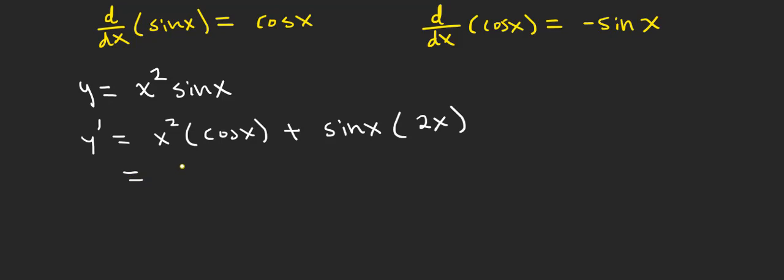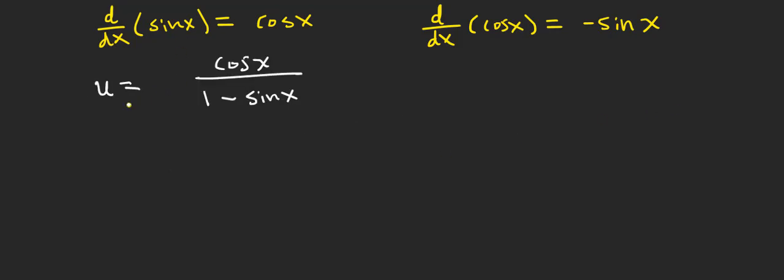Now, it's always better to put the polynomial in front of the trig function. So let's rewrite it as x squared cosine x plus 2x sine x. So that will be your final answer.